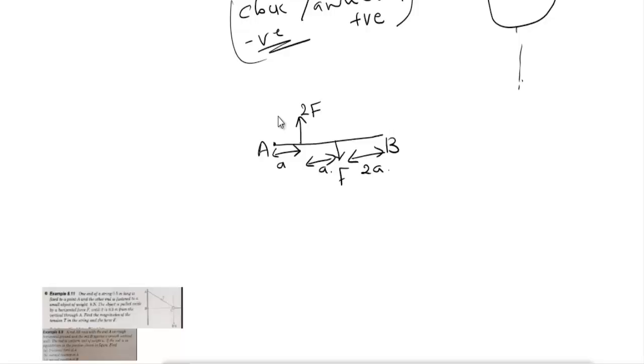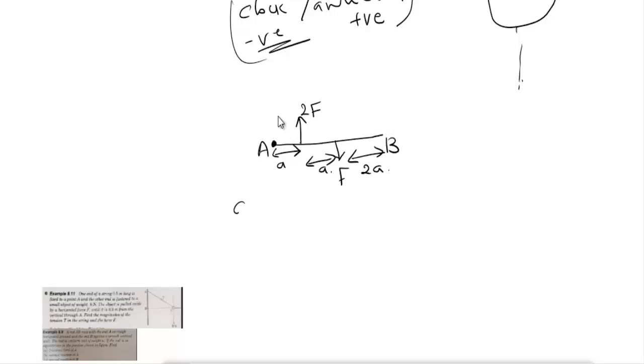These are the different forces acting on the rod AB. The rod is pivoted at A, so it will rotate.